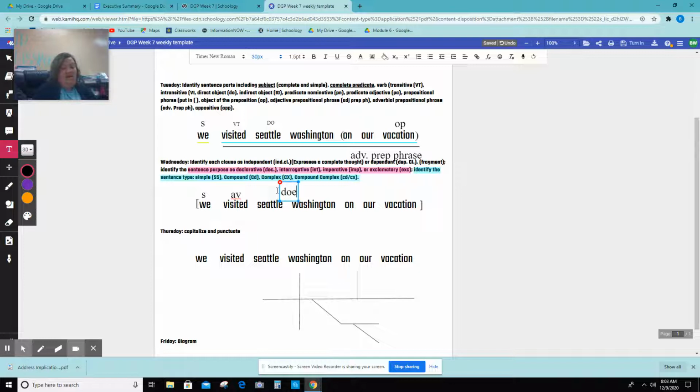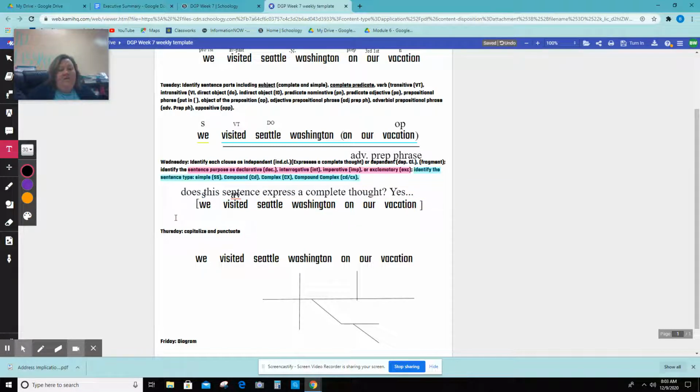Now, does this sentence express a complete thought? I'm just going to type that in. Does this sentence express a complete thought? Yes, it tells us where we went on our vacation. Okay? Now, we only have one subject, one verb, one complete thought.